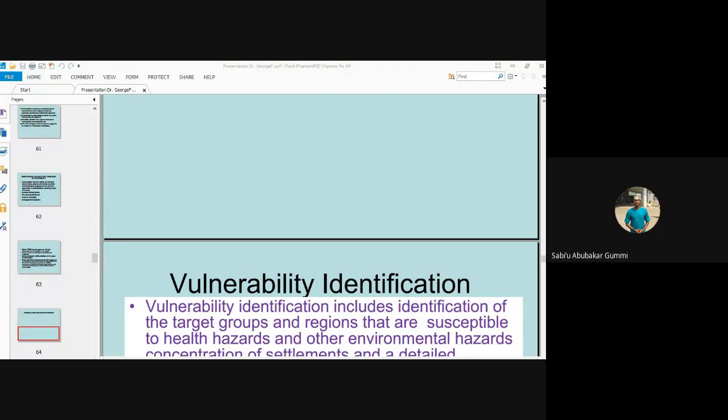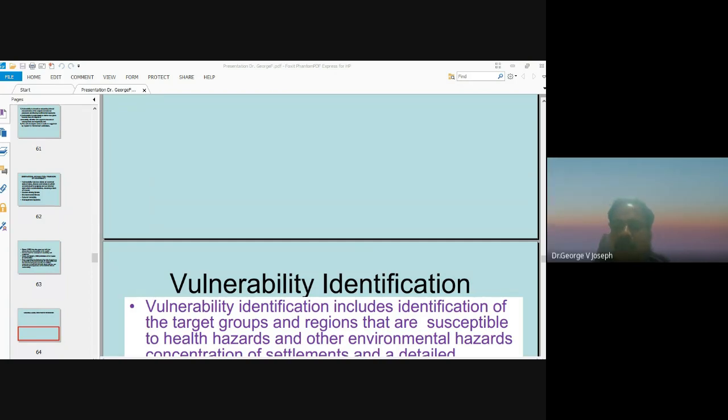Yes, sir. I would like to say people that are exposed to these dangers or hazards, you get to identify them by that. So, like people staying very close to a place where there is a hazardous terrain is one parameter.